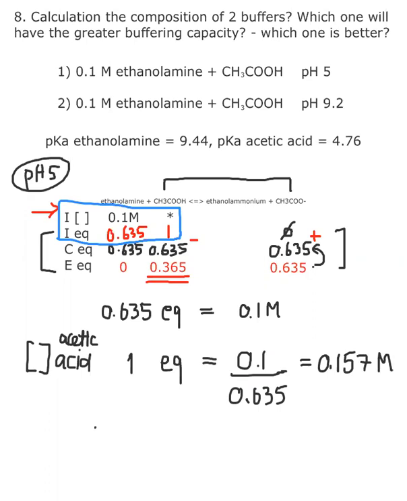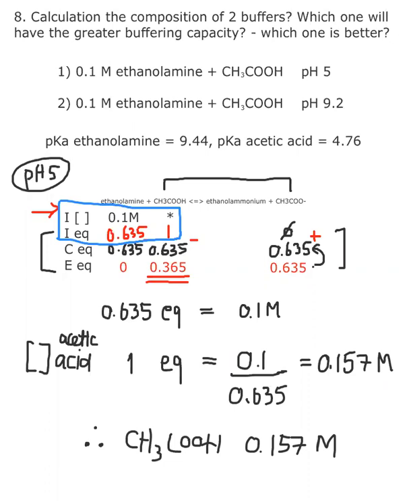So now we have solved that the concentration of acetic acid that needs to be mixed with 0.1 molar ethanolamine is 0.157 molar. And this is the initial concentration of acetic acid. And I will write it back here.